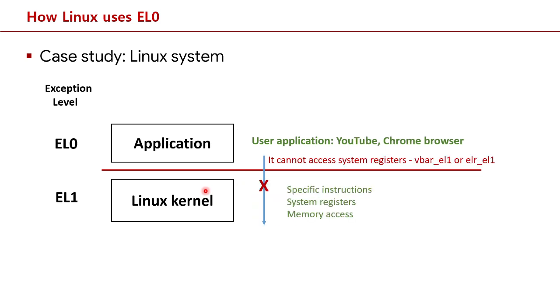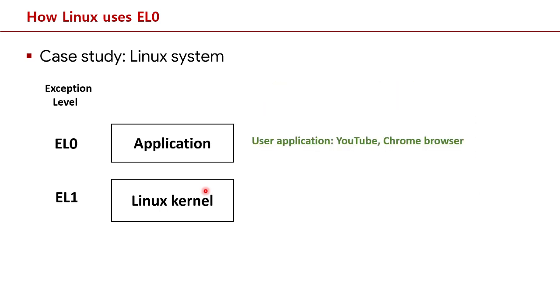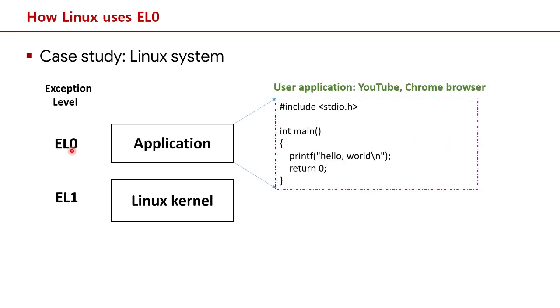In this lecture, we walked through some concepts and features of exception level 0. Exception level 0 is an important component of exception levels. The usual application runs at exception level 0. Direct access to hardware is not allowed.